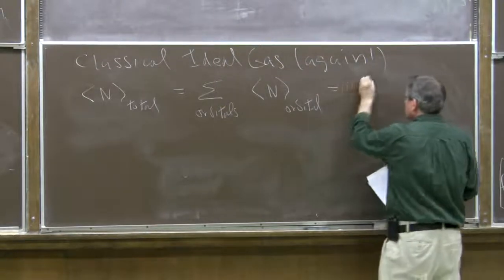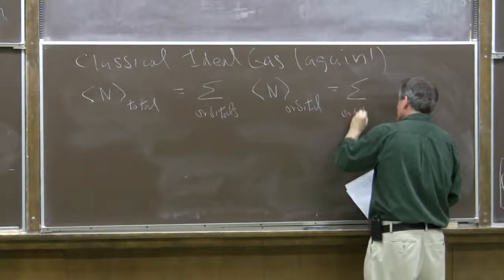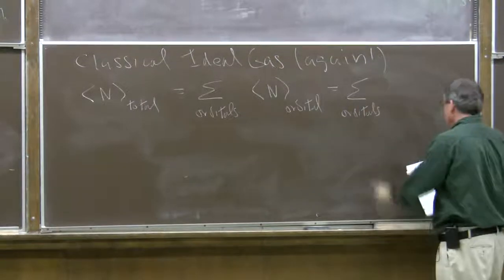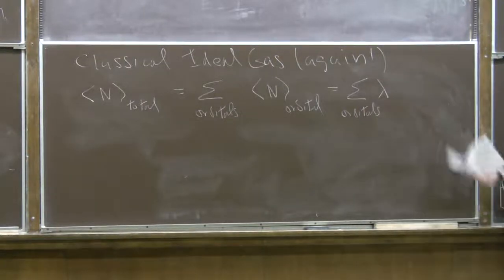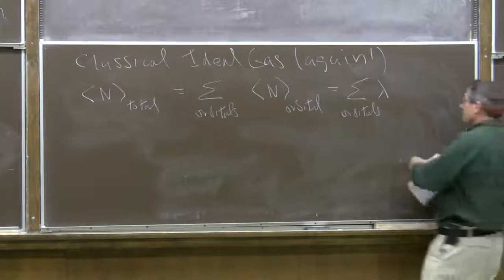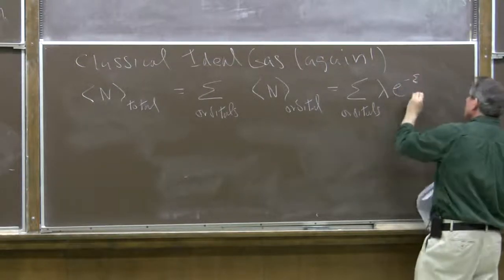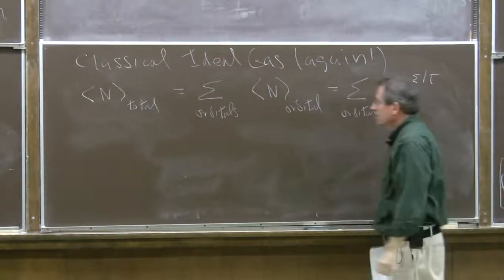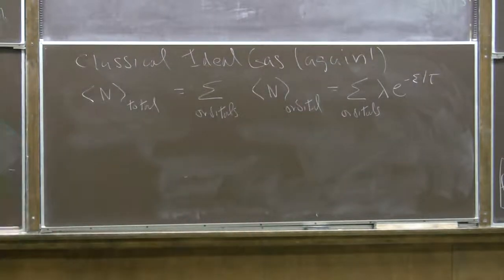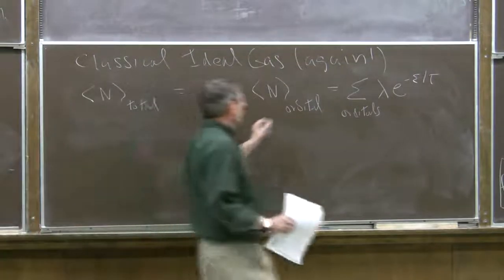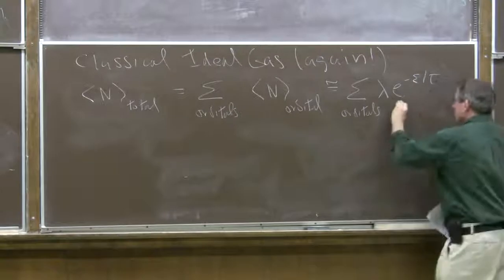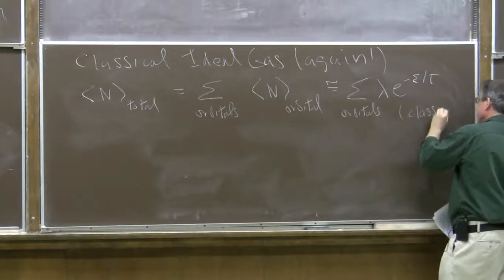So we know now that that's the sum over orbitals. The activity lambda, which doesn't depend on the orbital, just on the chemical potential and the temperature, so I can actually take that outside the sum, times e to the minus the energy of the orbital divided by tau. That's because we're in the classical regime, and I'm using the classical form of the distribution function that applies at low density. So maybe I should write approximately equal because we're in the classical regime.